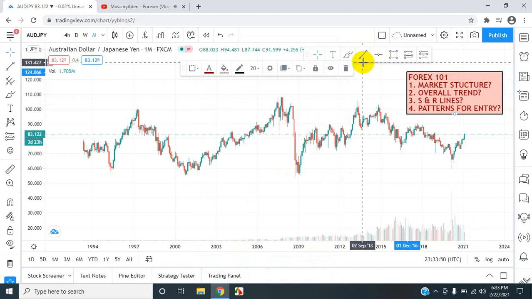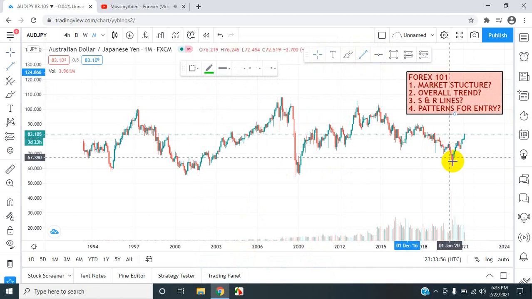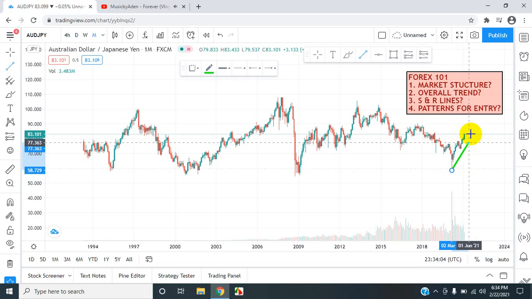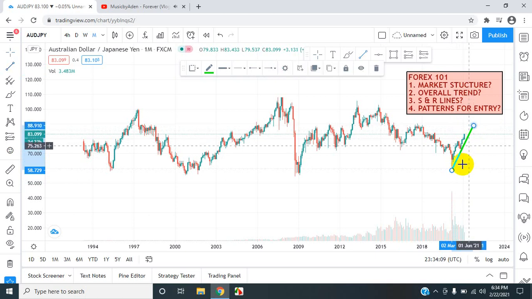Okay, number 2, we will be looking for identifying our overall trend. So we know this area is here where the market pushed down. We got 2 pins to the bottom, so then the market's trying to push up. So there's an uptrend coming here. And we can see that our candles are respecting our trend line that we just placed.